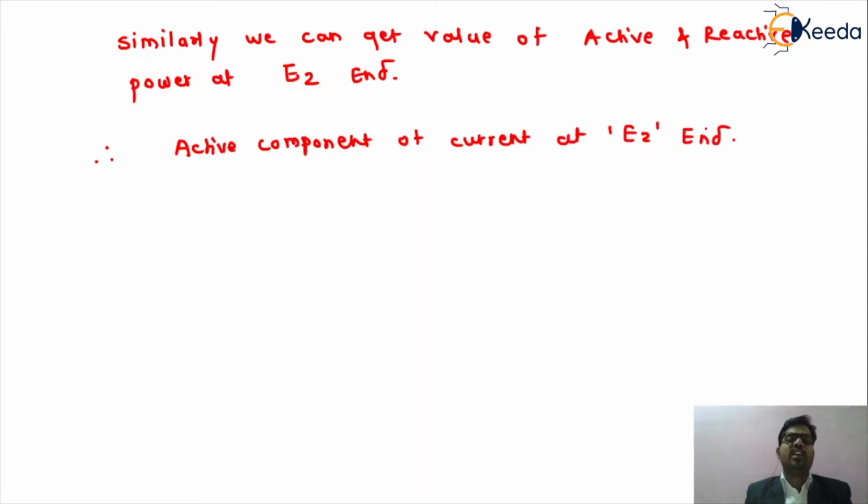So we want to get the value of the active component of current at E2 end, that is IP2. So what should be the equation of this IP2? It is E1 into sin del divided by X. So we are getting this equation from the phasor diagram. Okay, so this will be the first part.